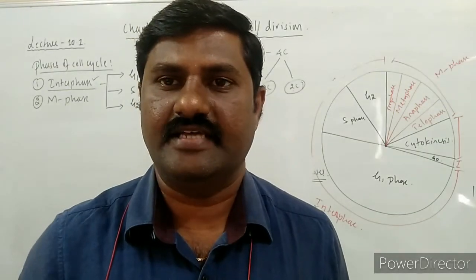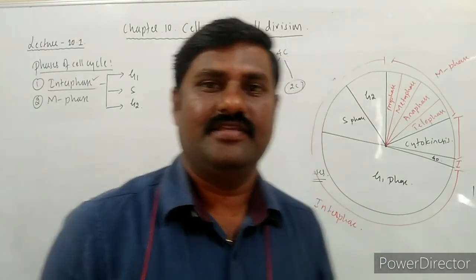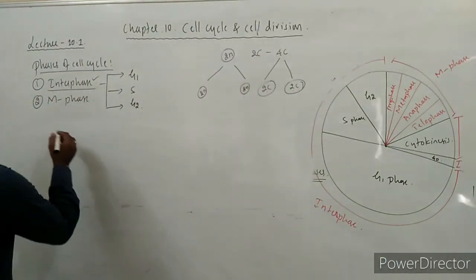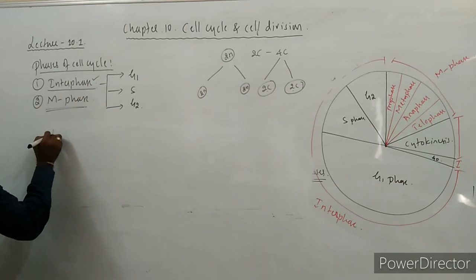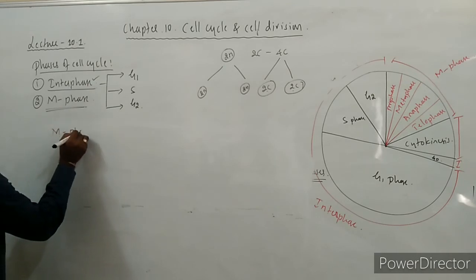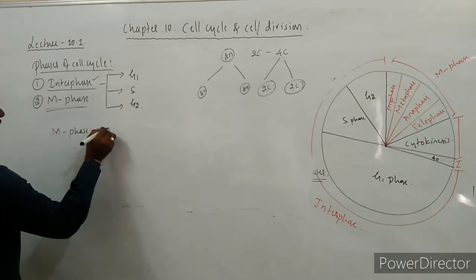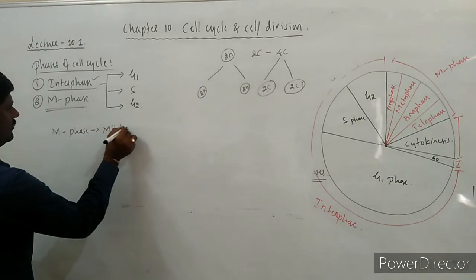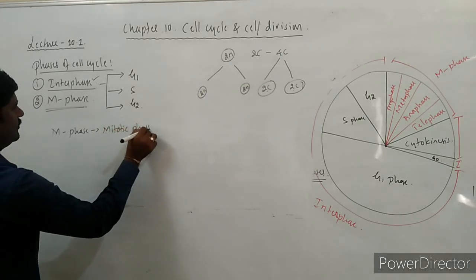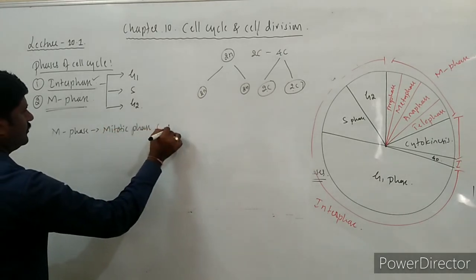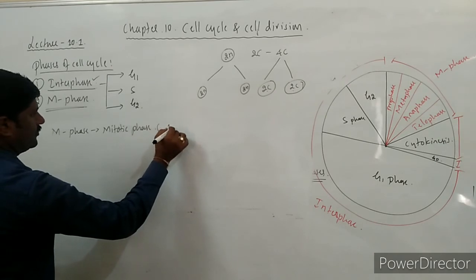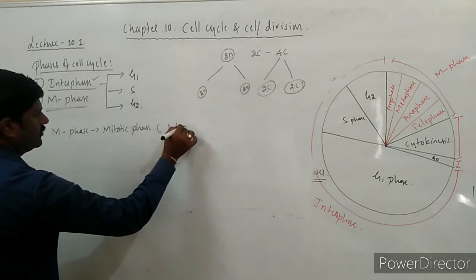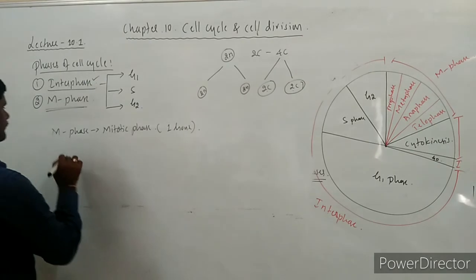Come to the next phase, that is the M phase. M phase is the mitotic phase. In the case of human beings, this lasts for about 1 hour.